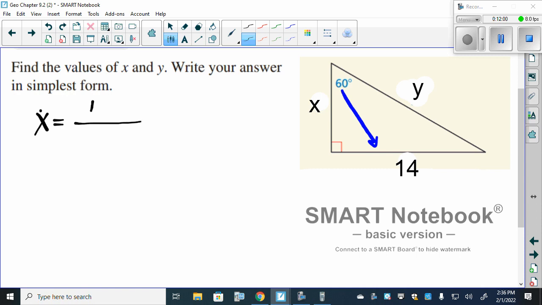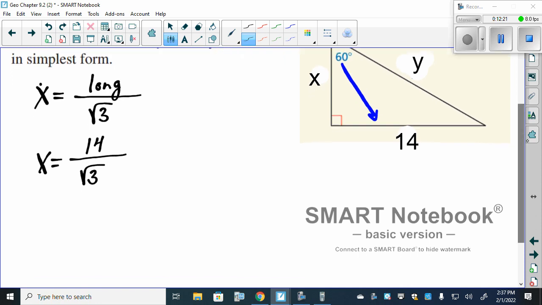Well, our short side is going to be the long side length divided by the square root of 3. Our long side length, the long leg and not the hypotenuse, is 14. So 14 divided by the square root of 3. Well, we don't have a square root of 3 on top, do we?